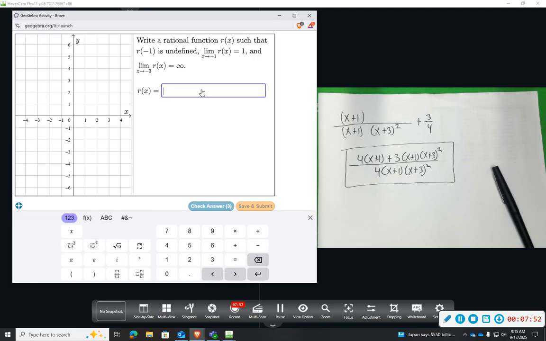So I'm going to plug all of this in. And then on the bottom, 4 times x plus 1 and x plus 3, and that needs to be squared.